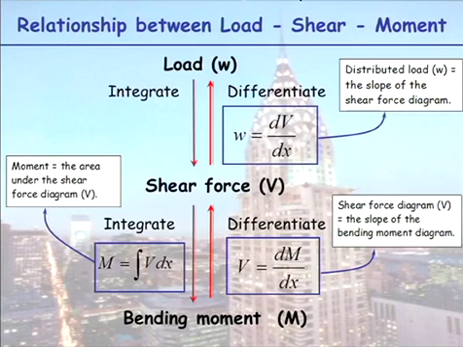If you get your mathematical expression for your load and you integrate it, it gives you your shear. If you then integrate it again, it gives you your bending moment. That expression for our bending moment, if we differentiate it, gives us the expression for our shear force. And differentiating it again gives us our expression for our load. So those three things are linked mathematically.